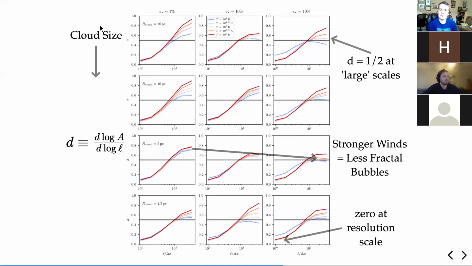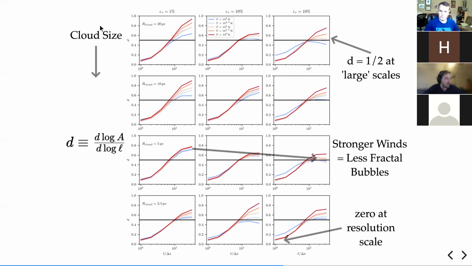Yeah, in terms of my simulations, I'm completely ignoring dust. I'm very interested in understanding the interaction of dust with these mixing layers in the future, but I haven't done that.